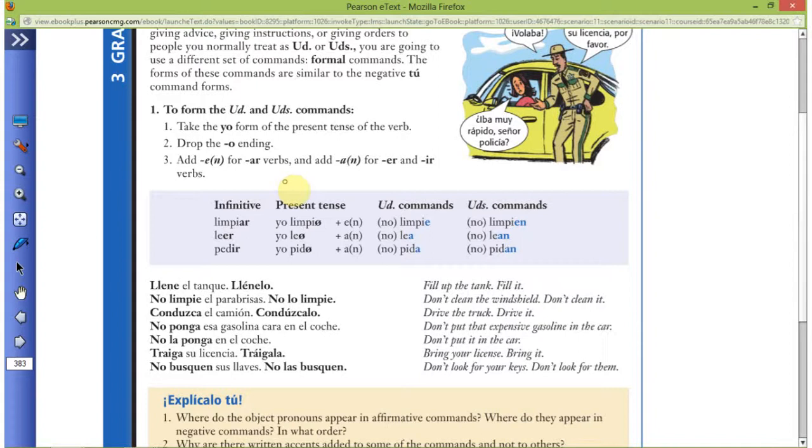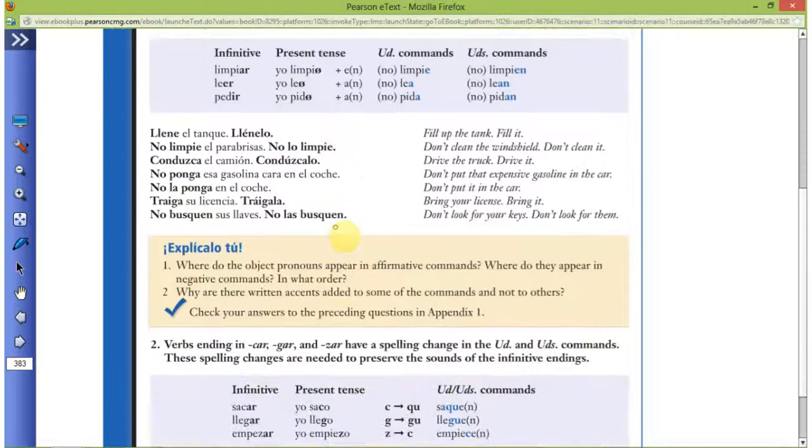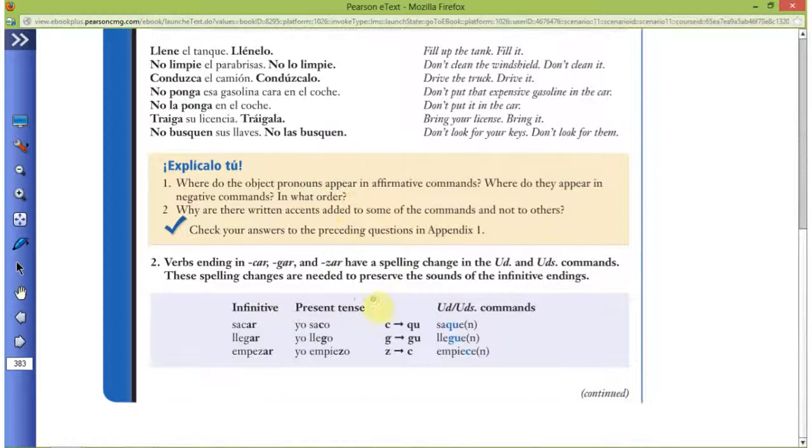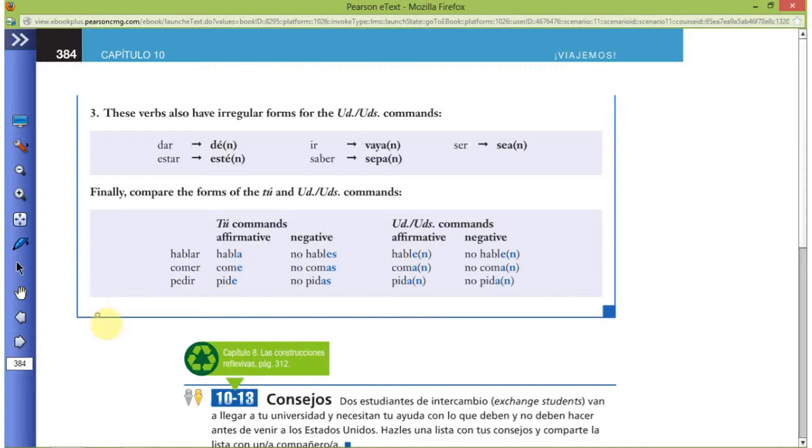So there's really nothing different to learn here form-wise. For these usted commands, you still have to follow these spelling changes that were on the last page. And there's some irregular forms here for ustedes commands.